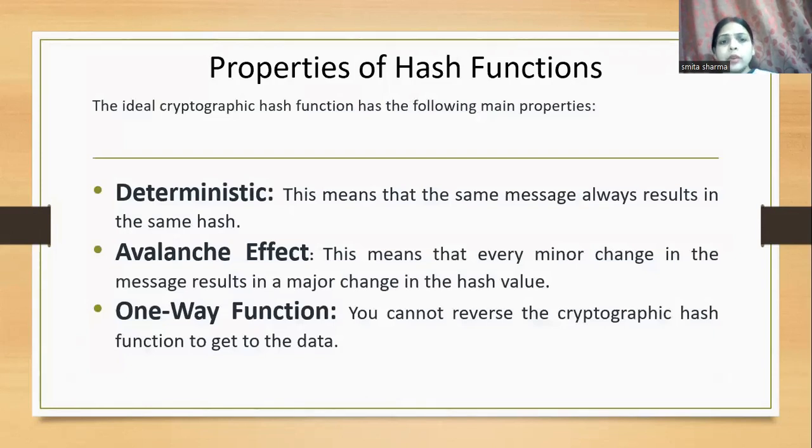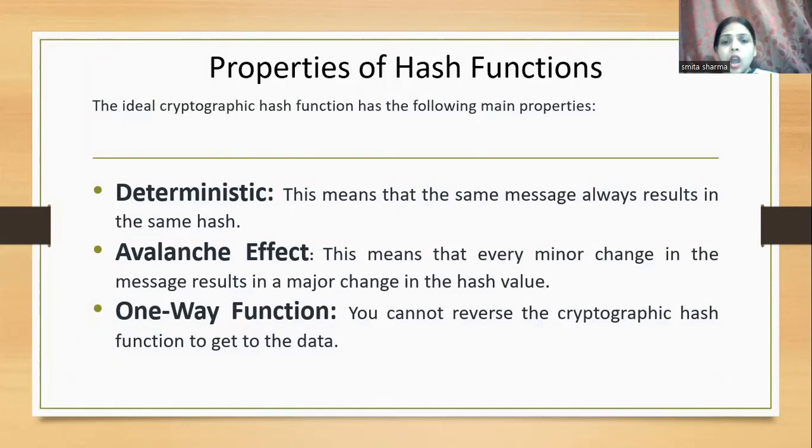Next, we talk about the properties of hash functions. The first one is deterministic. It means that the same message always results in the same hash value whenever it is passed through the hash function.